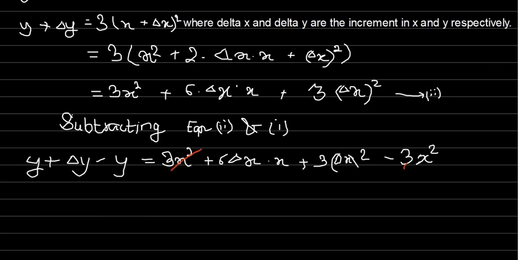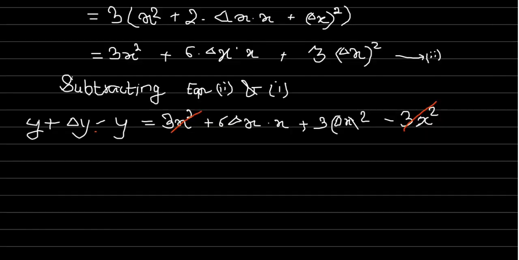So del y equals 6 delta x times x plus 3 times delta x whole square.